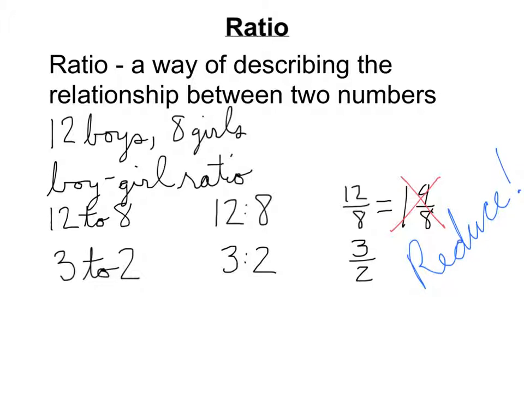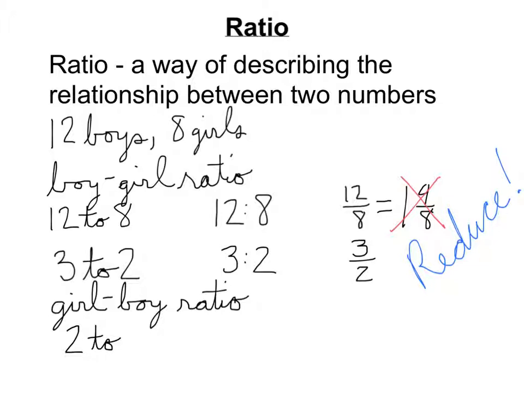Order is very important when it comes to ratios. If I change the order here and make this a girl-boy ratio, then the first number represented should have to do with girls. So since up here girls came second and the reduced number was a 2, when girls comes first, my reduced ratio will start with a 2.